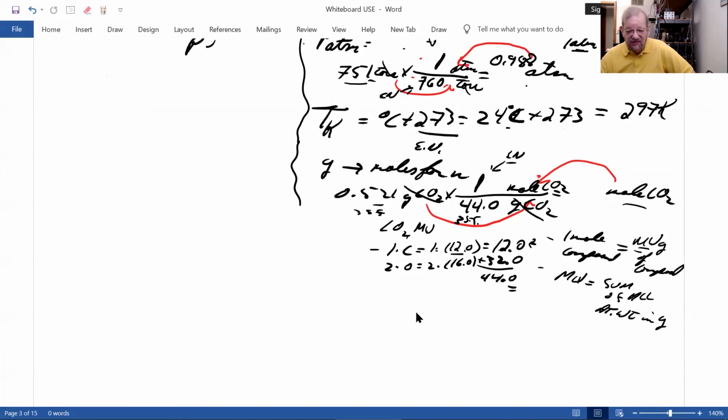Each oxygen is 16.0. 2 times 16 is 32.0. Remember, 1 and 2 are exact numbers. These are 3 significant figures. Add it up. 2 plus 2 is 4. 1 plus 3 is 4. And the answer is yes. That should be 44.0. Does everybody see that?